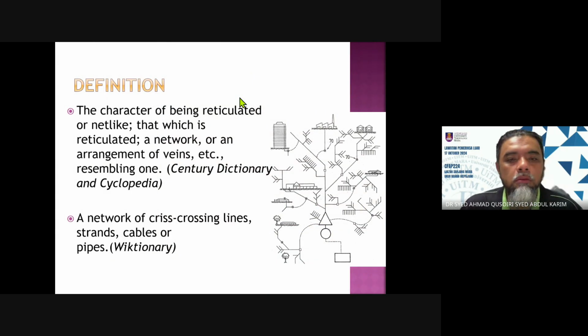Okay, so by definition, the character of being reticulated or net-like, that which is reticulated, so that's where the word comes from.